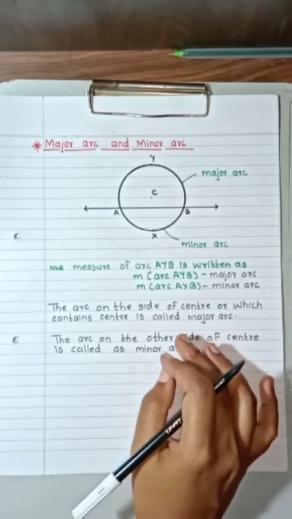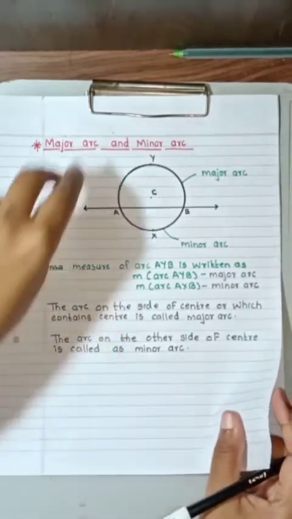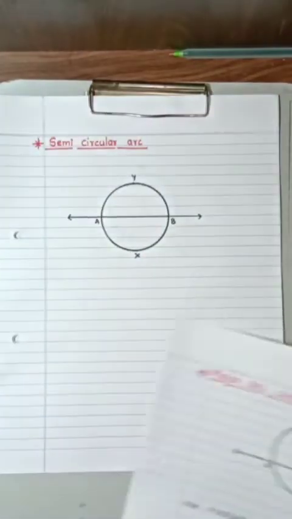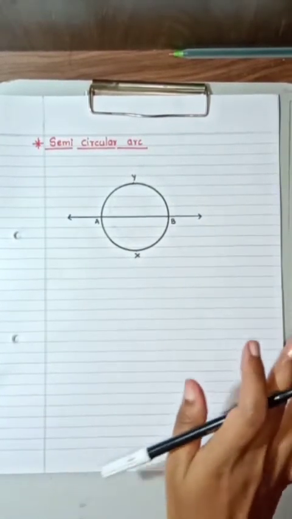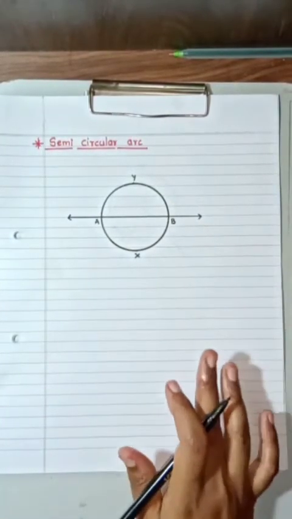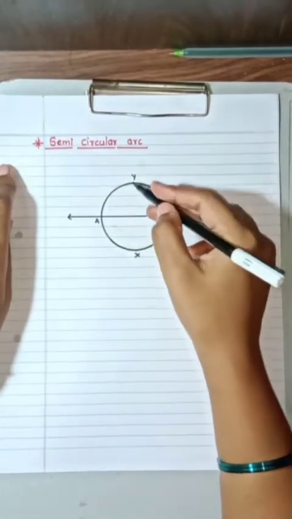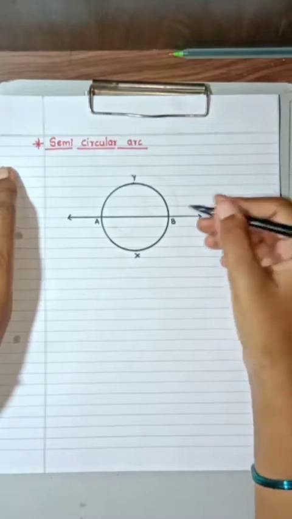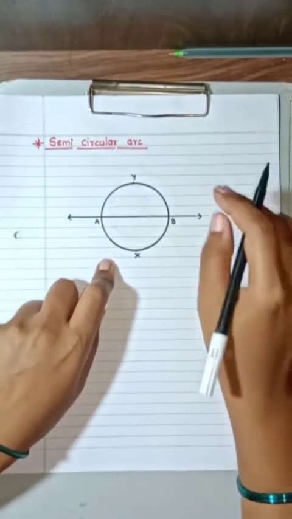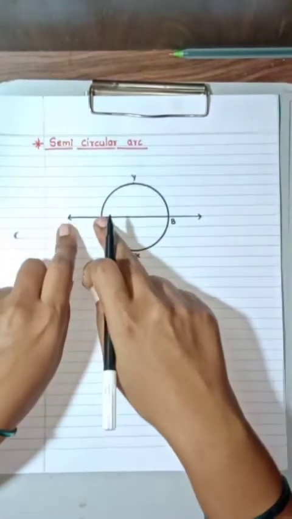Now let us move on towards the next point, that is semicircular arc. Let us study what is a semicircular arc. Children, you very well know that the measure of a circle is 360 degrees.